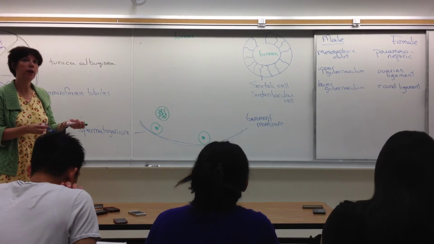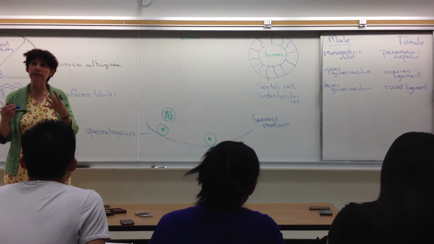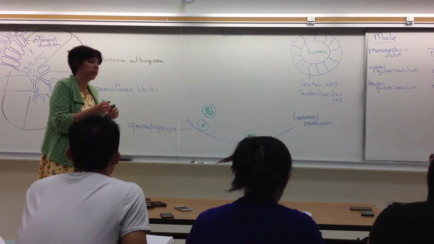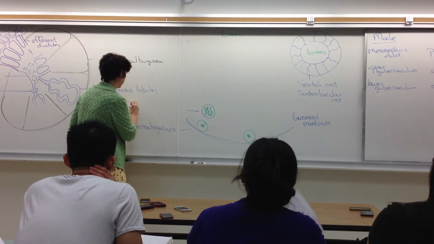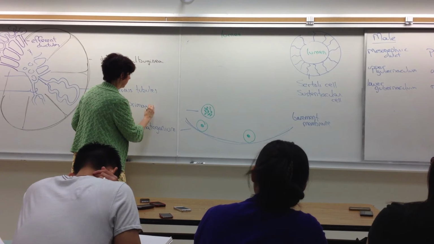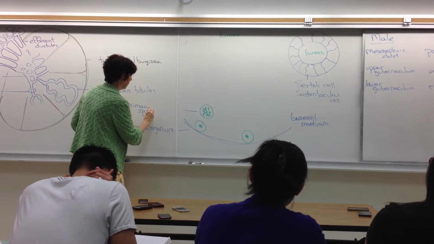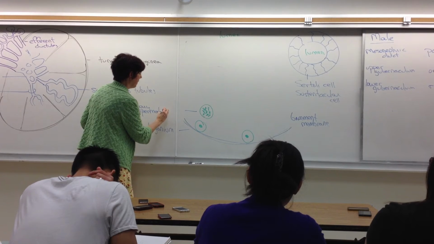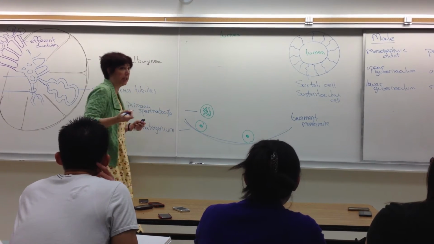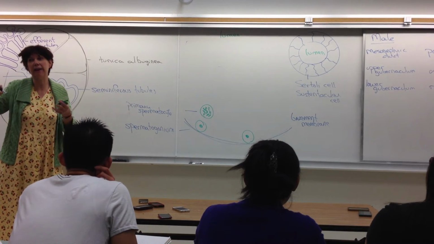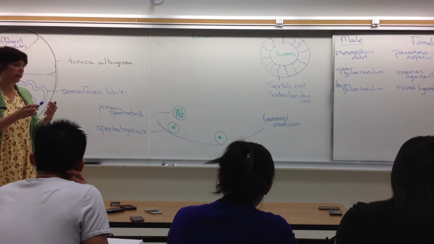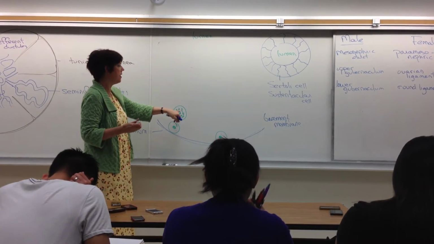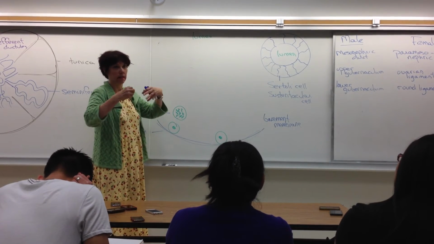And although you don't need to identify these specifically, I'm just going to go ahead and label them in case you're familiar with them. These are known as primary spermatocytes. In lab, you just need to know that they're developing spermatocytes. Okay, you don't have to identify, and even for lecture, you don't have to be able to identify these different stages.